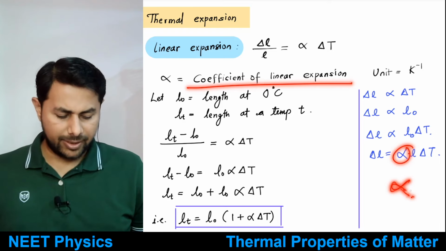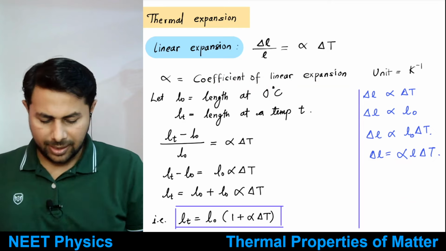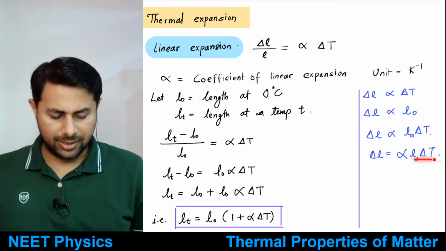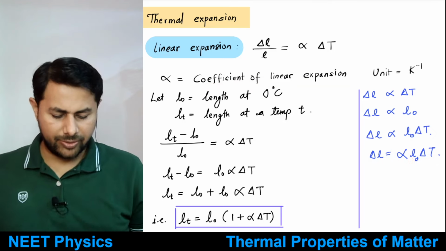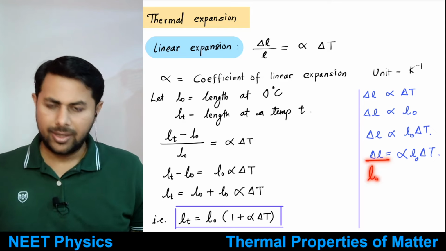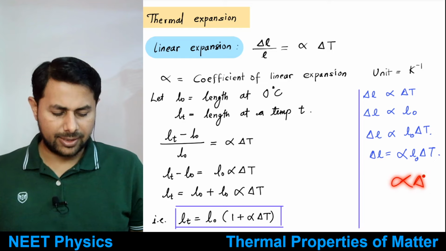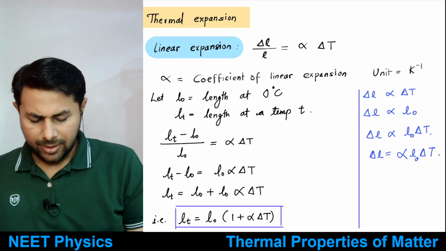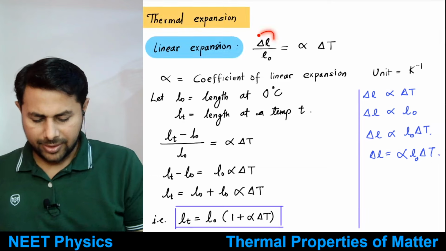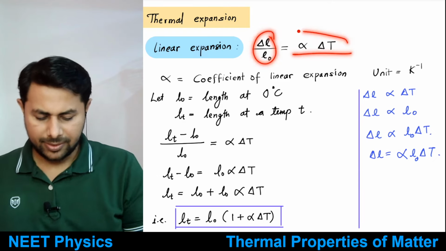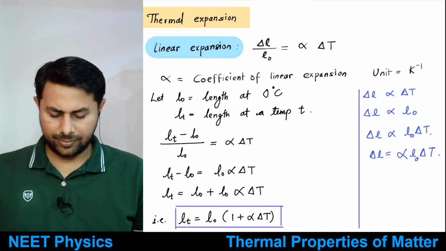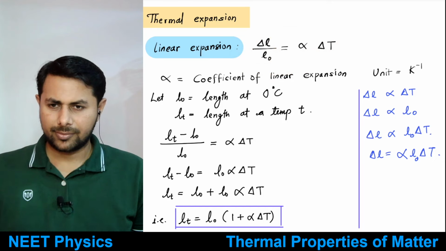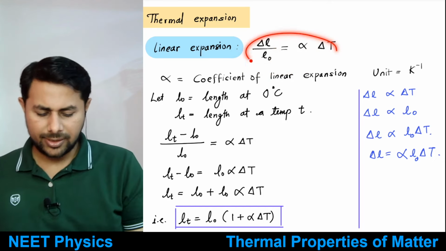So the change in length is that constant multiplied by L naught times delta T. If you take L naught on the other side, you get delta L upon L naught is equal to alpha delta T. Is this relation clear, everyone?